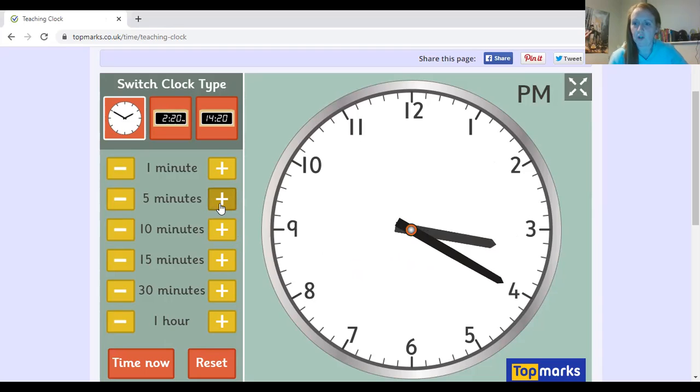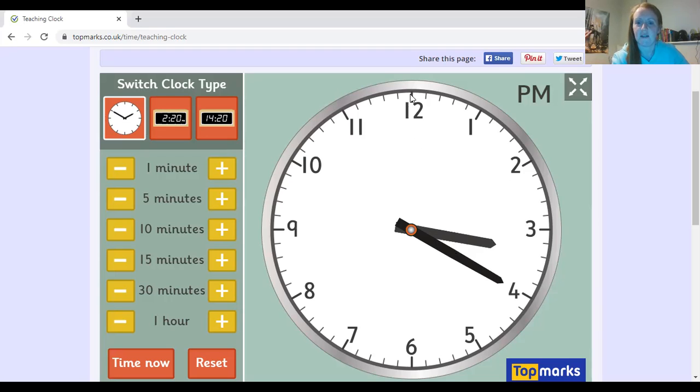So if I just put the time to here, can anyone think about what time this might be? Have a little think about it. Counting in 5s, look at where the hour hand is pointing, the smaller hand, the shorter hand, and then count in 5s to find out where the minute hand is. So the hour hand is pointing between the 3 and the 4, so we say that that is 3. It's not quite on 4 yet.